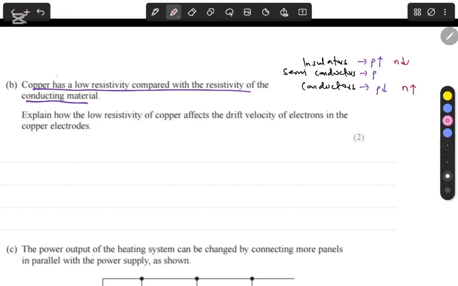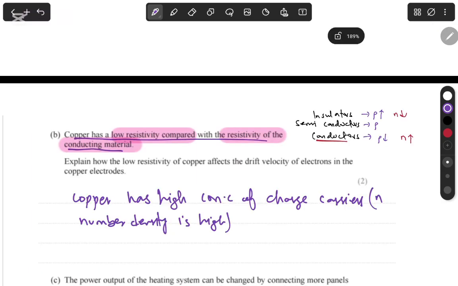We can say that copper has low resistivity compared with the resistivity of a conducting material. So copper has lower resistivity than even conductors, which means that it really has a lot of electrons, right? So we can say copper has a high concentration of charge carriers.